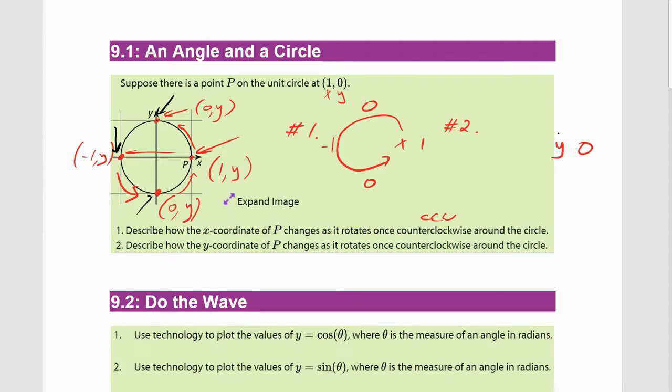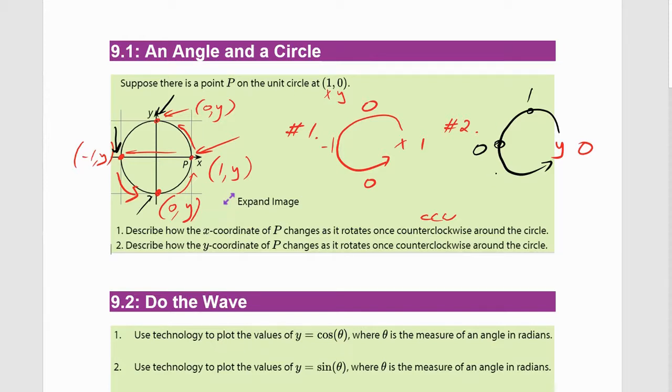So hopefully you realize just going around counterclockwise, your y value, when it gets up to the very top, at 90 degrees, becomes 1. And remember, 90 degrees is the same as saying pi halves in radians. And then when it gets over here, on the 180 degrees, all the way over on pi, your y is now 0 again.